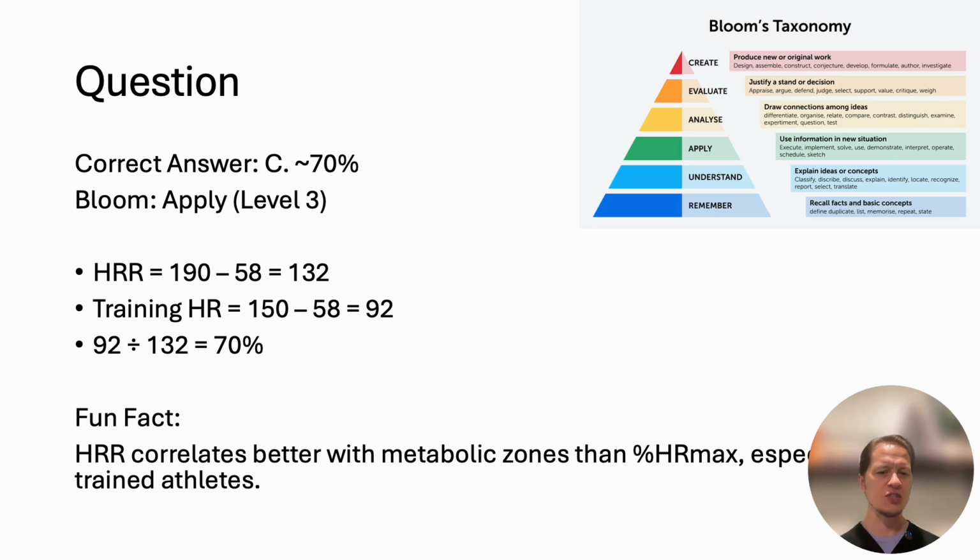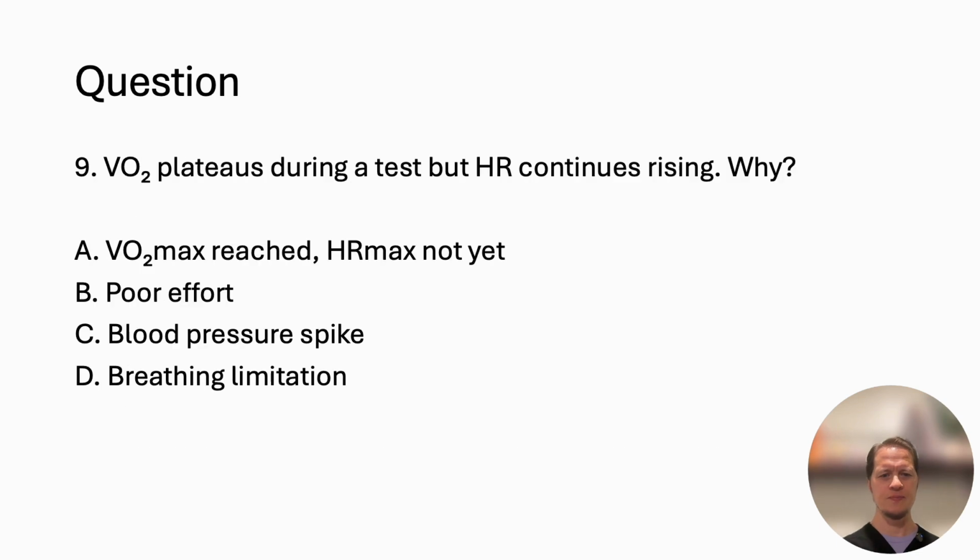Heart rate reserve actually correlates better with metabolic zones than just a raw percentage of your heart rate max, which is often what is used when you plug in your info onto a treadmill in the gym, and especially more so in trained athletes. I did another video on this when I was on Fiesta Island in San Diego, if you know where that is. It's a classic cyclist and runners training paradise because it's a nice loop, and we talk about that more in another video.